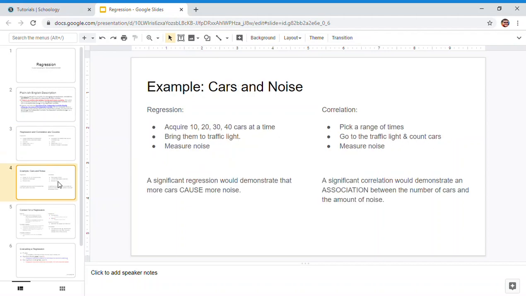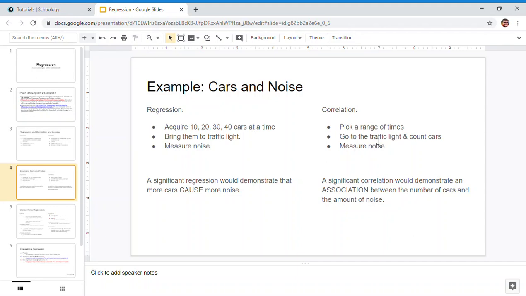So cars and noise. If we were doing a regression analysis, we would acquire specific numbers of cars. We would bring them to the traffic light. We would measure the noise that they make. A significant regression then would be evidence that more cars cause more noise. We controlled the number of cars. In a correlation, you go out at some times, you go to the traffic light and you count the cars and you measure the noise.